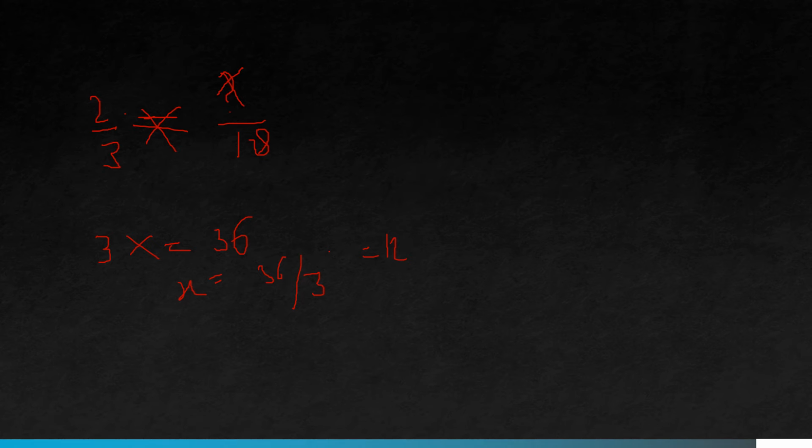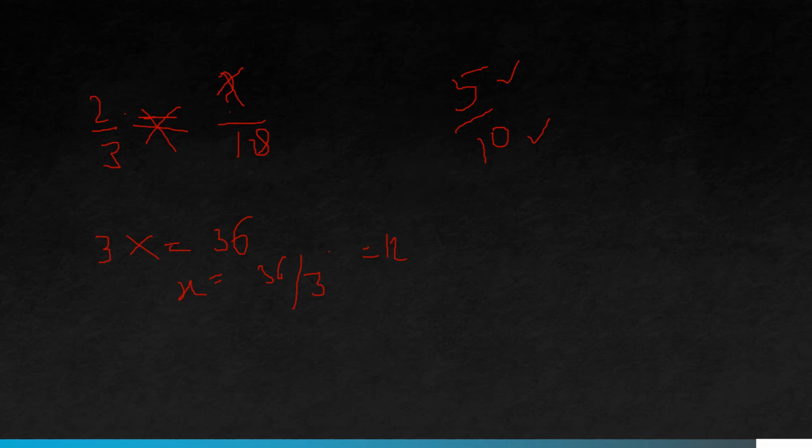And another thing is, you have seen the equivalent fraction, right? I just mentioned 5 upon 10. Now this is a fraction, right? But this numerator and denominator have a common factor by which we can divide.